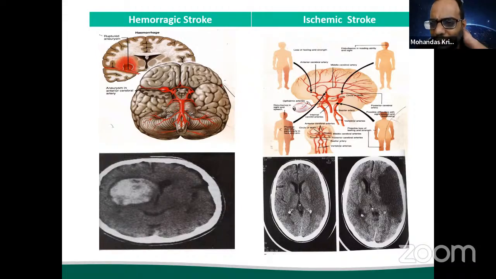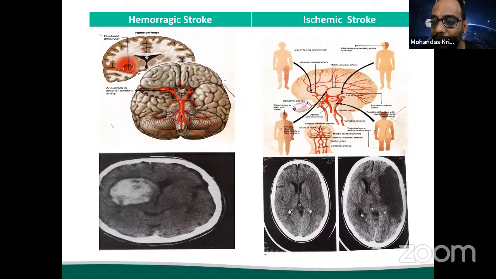So again you have disturbance of reading ability, which means to acquire memory. So when there is an ischemic stroke in this area, you lose your ability of retention of memory. So this retention of memory is again a problem, right?